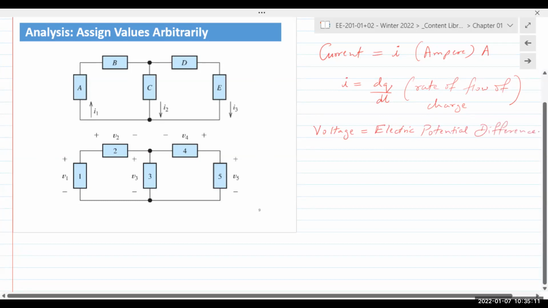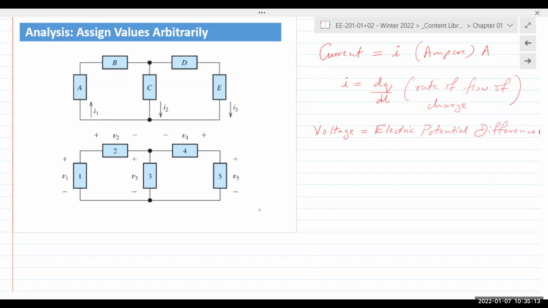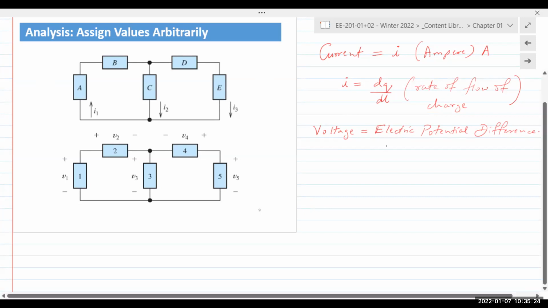Electric potential difference. Unit for voltage, and the name itself also comes from, anyone know? Named after Volta. So it's volts. V for short.